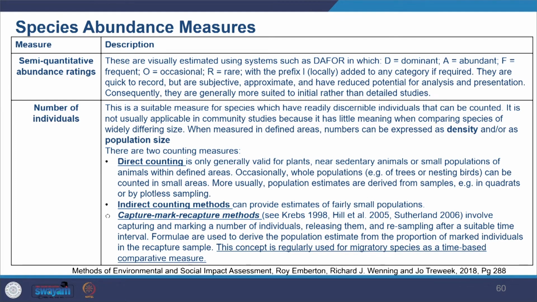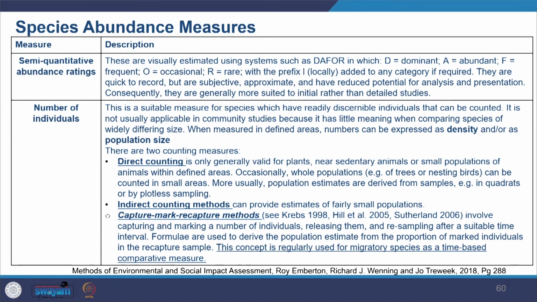And then further you can look at the number of individuals. This is the measure which is taken. So you see how many individuals of a species there are, and you can count and keep a number of that. This is particularly used for individual species. However, this is not suitable for community study, where you study the entire community.